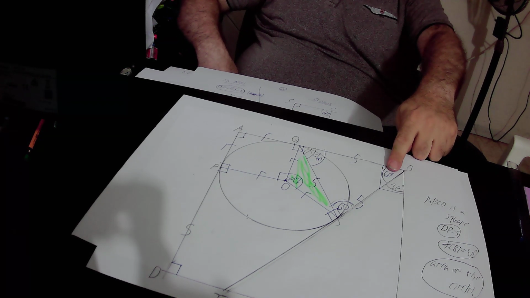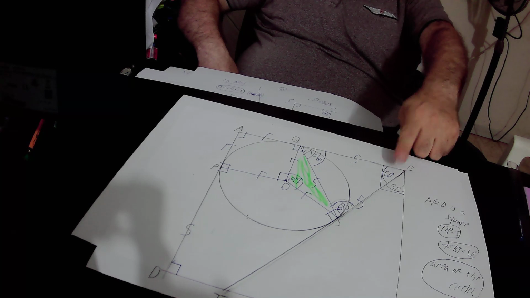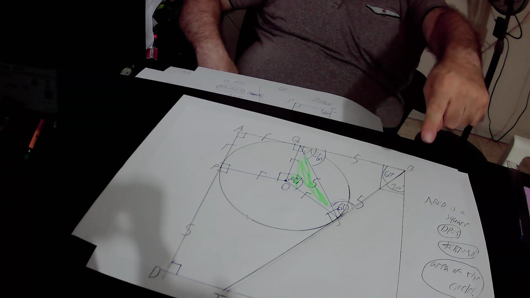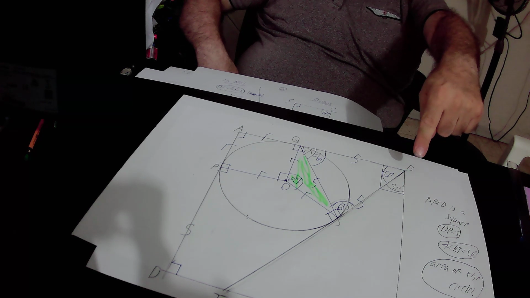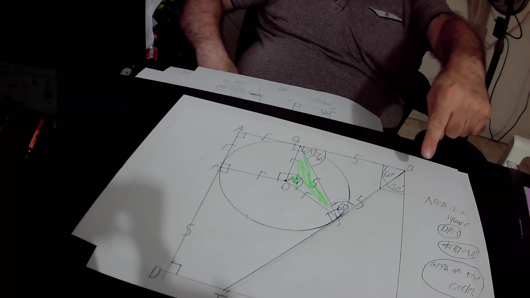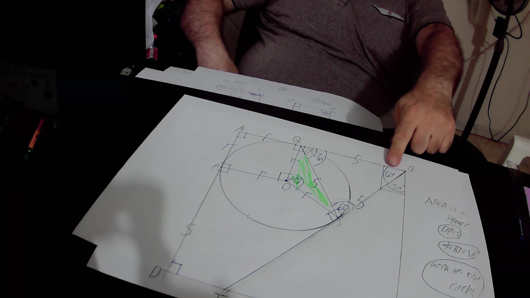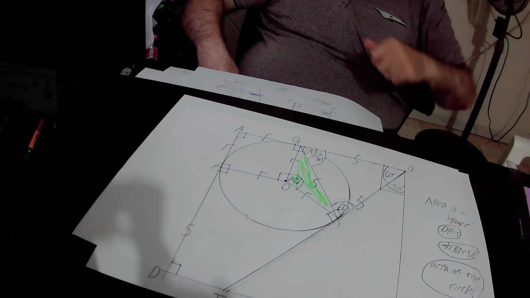And we have only found out that this angle equals 60 degrees. Why? Because angle ABC equals 90 degrees, and angle CBT equals 30 degrees. So the missing angle must be 90 degrees minus 30 degrees, that is 60 degrees.